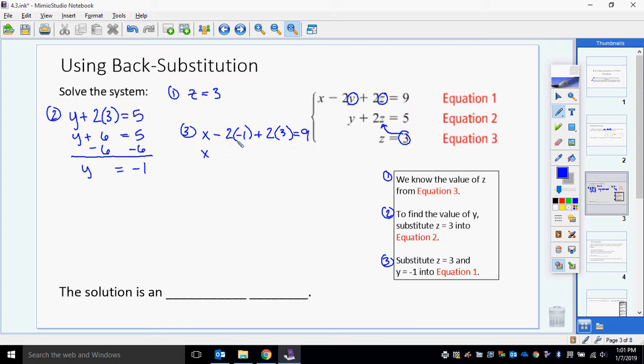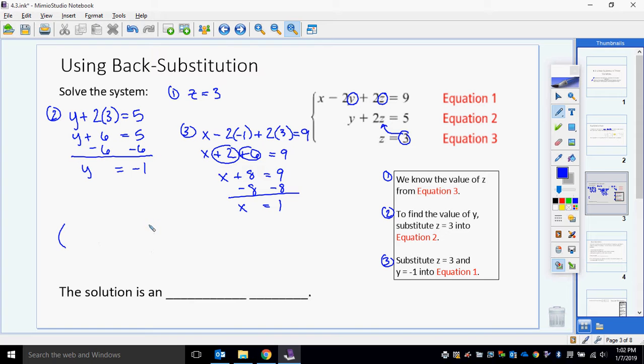So a -2 times a -1 would be a +2. And a 2 times a 3 would be a 6. I'm going to combine these like terms. It gives me x plus 8 equals 9. Subtract 8. And x equals 1. So I know what x is, y is, and z.